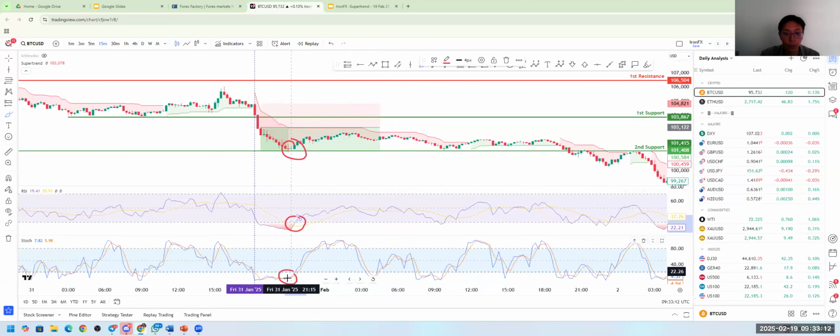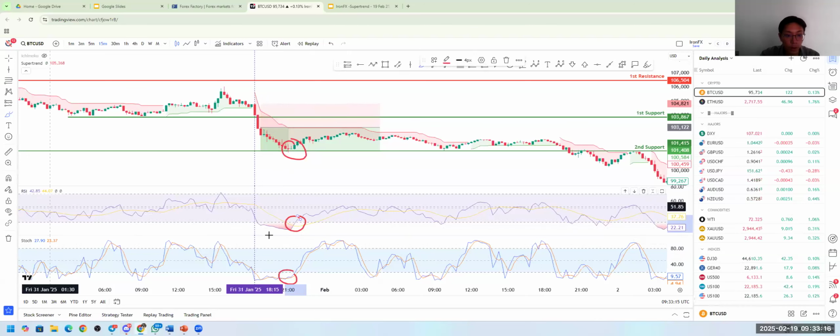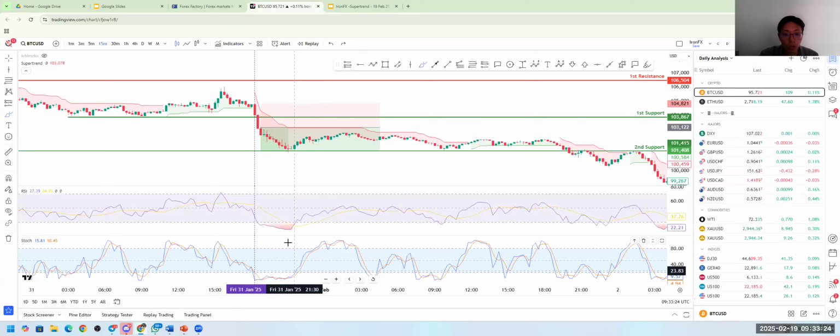Stochastic crossover, you buy. RSI crossover, you buy. Then it's at your support level as well, so you buy. But sometimes when all three don't line up, you'll be confused. You'll be like, wow, which one should I follow? Because one of them crossed over, one hasn't yet. So just use it as a guide. Start off with one first.